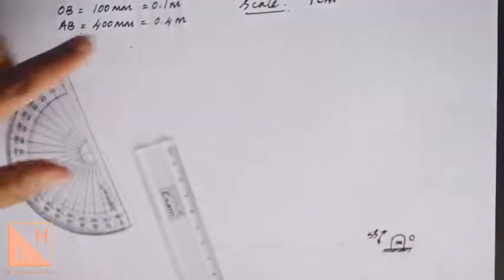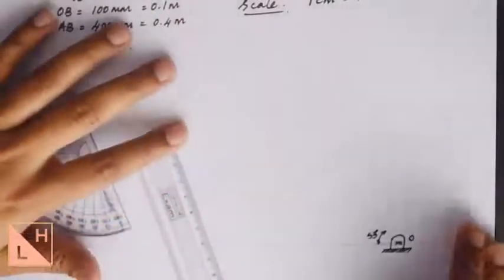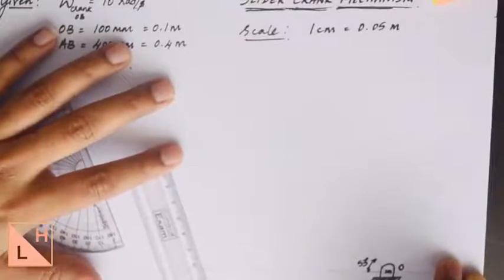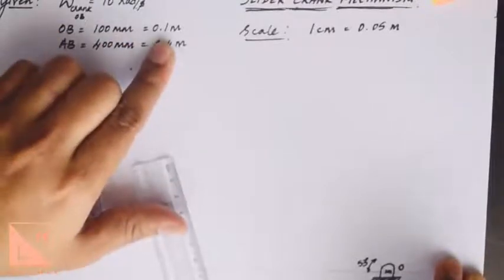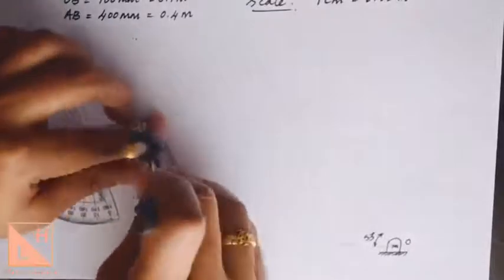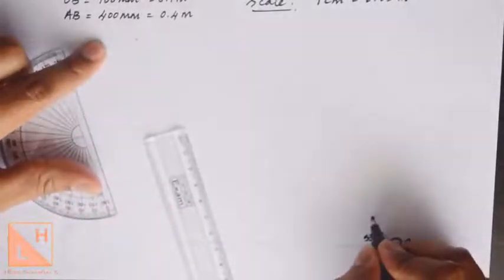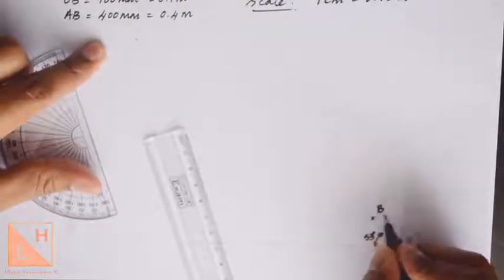Now we also know the length of the crank, which is given as 0.1 meter. We are taking a scale of 1 centimeter equal to 0.05 meter. So when it comes to 0.1 meter, we need to take 2 centimeters. Measure 2 centimeters in the compass. The crank is named as OB. So this point is O, and the next point will be B.